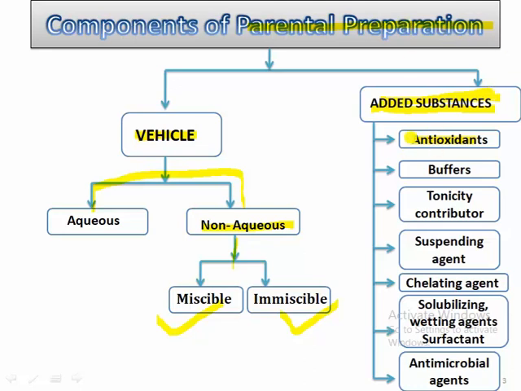Here we require antioxidants, buffers, tonicity contributors, meaning isotonicity adjusting agents, and suspending agents, if our preparation is a suspension. We also require chelating agents, solubilizing agents, wetting agents, surfactants, and antimicrobial agents. Now we will see the vehicle as well as added substances in detail.